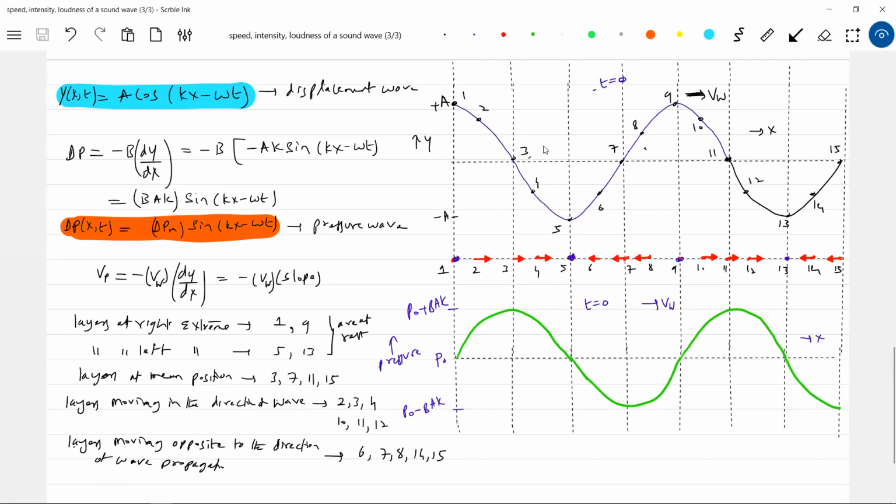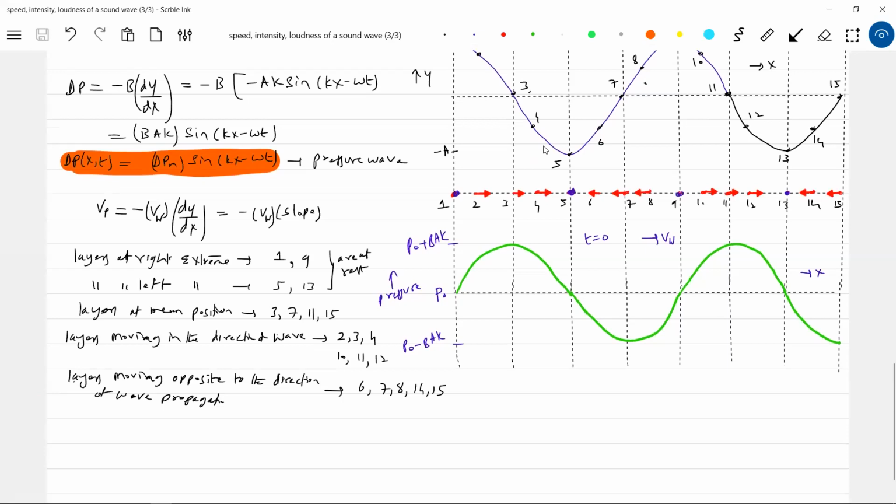So shall I say this is the compression? And what is the rarefaction? Rarefaction means this one, where pressure is less than P naught. So the layers undergoing compression are 2, 3, 4 and 10, 11, 12.